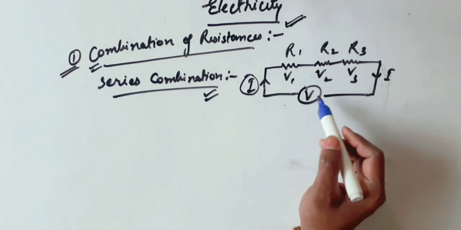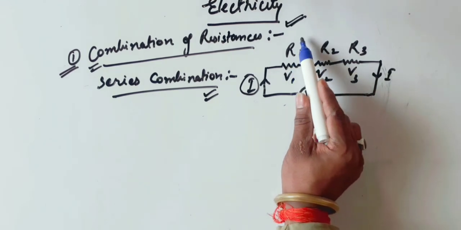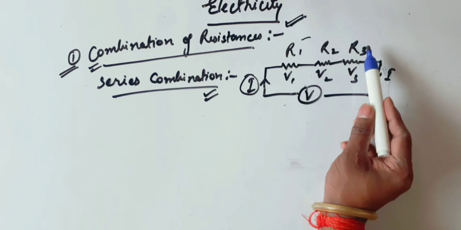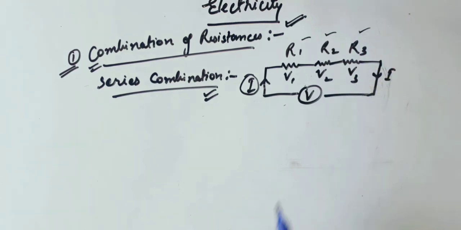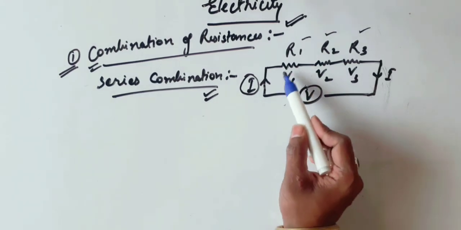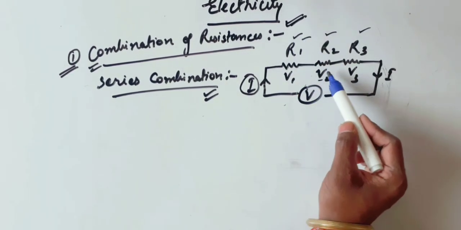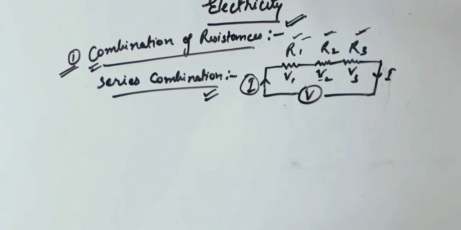But the applied potential in the case of R1 will be V1, for R2 it is V2, and for R3 it is V3. These amounts of potential are consumed by the resistances R1, R2 and R3 respectively.